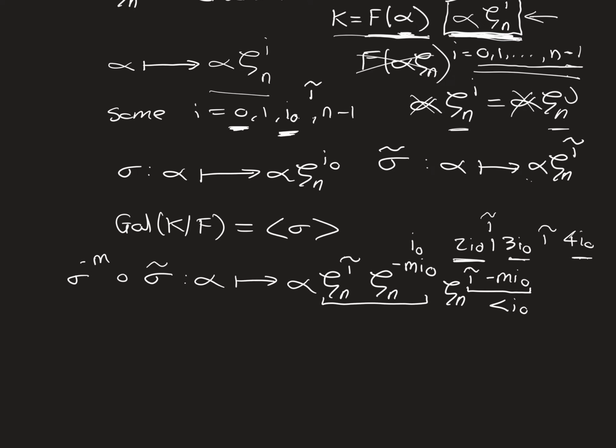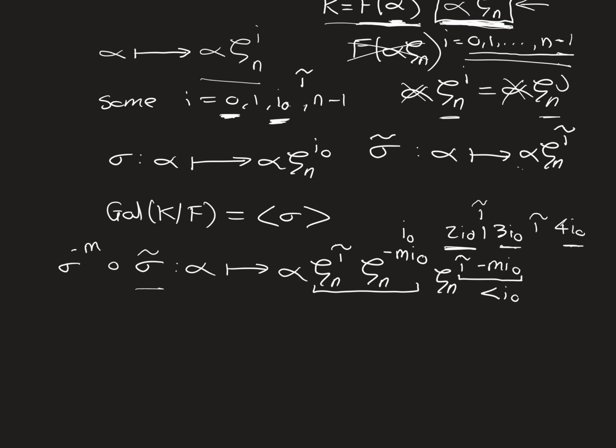But that's a contradiction, because sigma twiddle is an automorphism. This is an automorphism because it's an inverse of sigma, which is an automorphism, to some integer power. Therefore their composition would be an automorphism, and it would be mapping alpha onto alpha zeta n to some R, for remainder of Euclidean division, which is less than I0. That would contradict sigma being the smallest power value for which it was an automorphism.